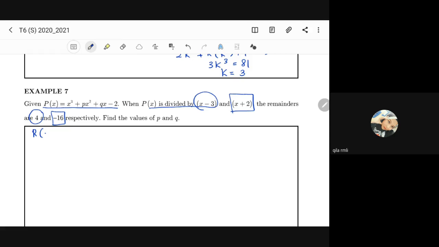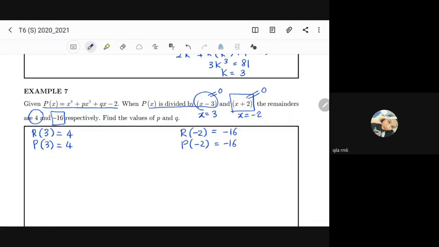So, awak akan dapat x equals 3. Yang ni pun equate with 0. We will get x equals negative 2. Okay, R of 3 given 4. R of negative 2 given negative 16. And we know that R of 3 equals P of 3. R of negative 2 is P of negative 2.